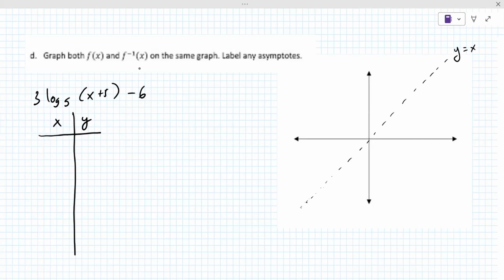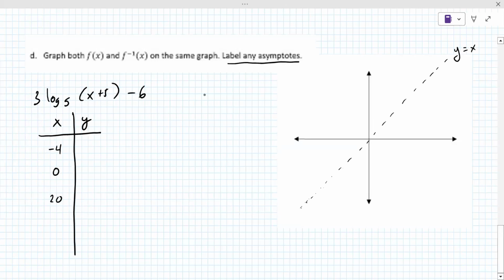Okay. So first a couple of points here, and we'll talk about why they are the points in a moment. That probably is sufficient. So the first thing is it says to label any asymptotes.